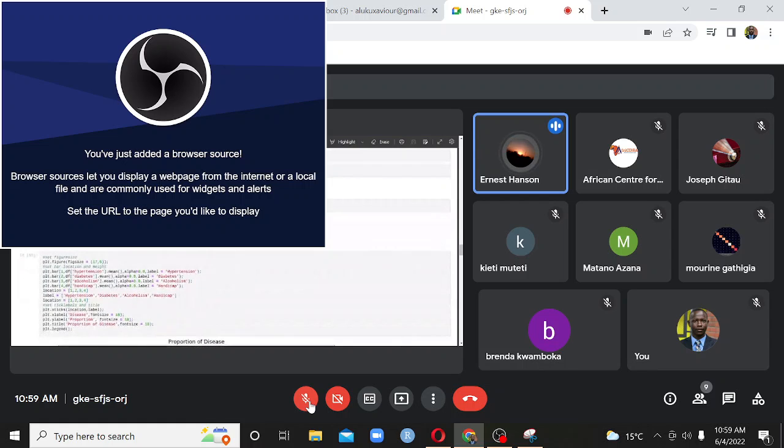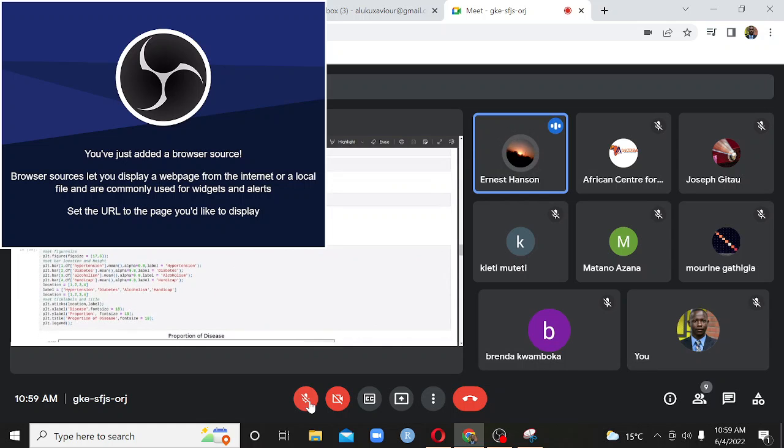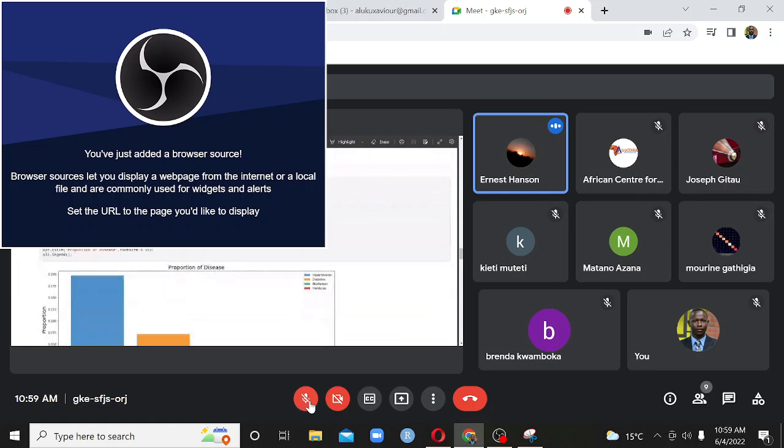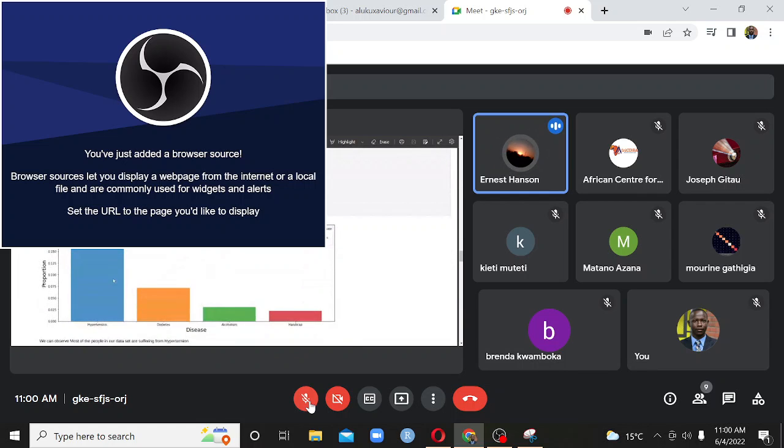So now we go on ahead to the diseases that most people are suffering from. And we can see from this graph that I plotted the diseases most people are suffering from is hypertension, followed by diabetes, alcoholism, and handicap at the end.